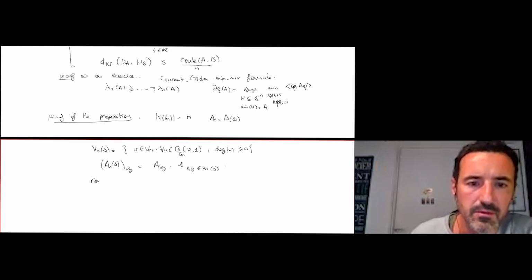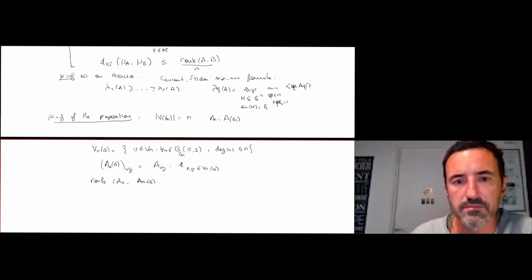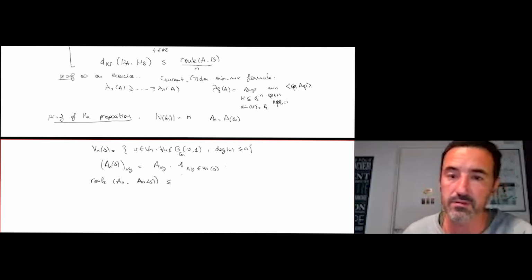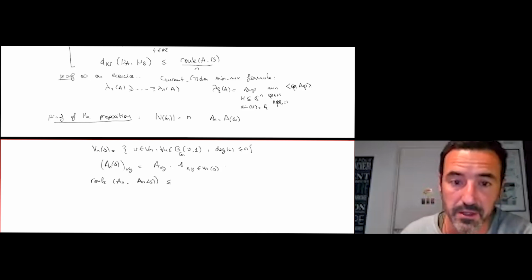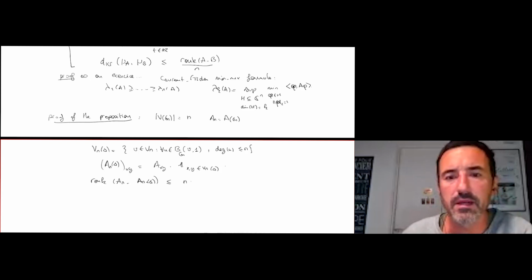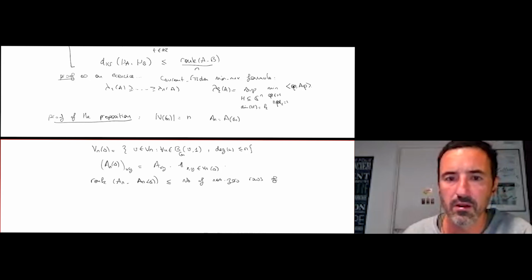The rank of An minus An delta is bounded by the number of non-zero rows of An minus An delta.